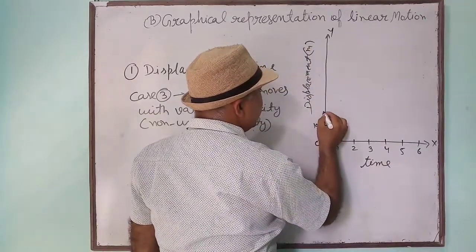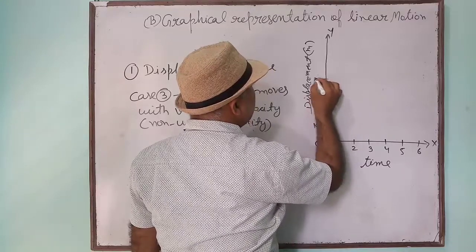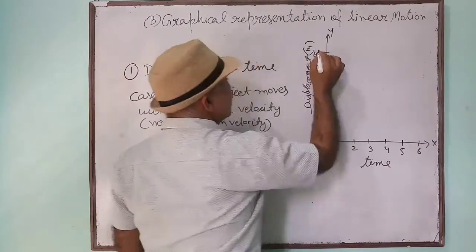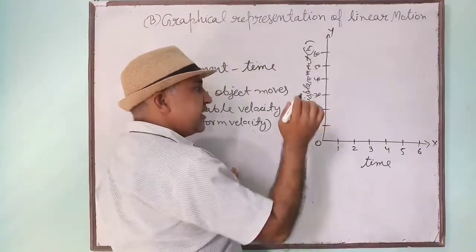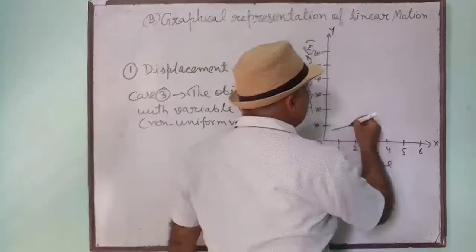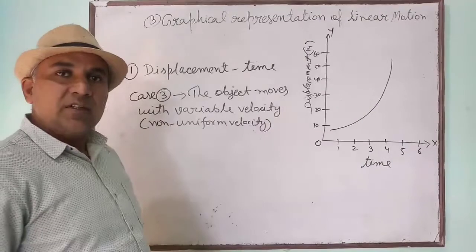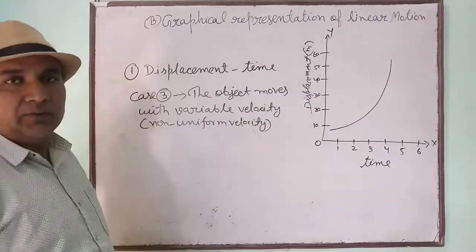This one is 10 meter, 20 meter, 30 meter, 40, 50, 60 and so on. In the case of non-uniform velocity, if we plot the graph, we get a curved line here. If values are given and we plot the graph, we will find a curve.